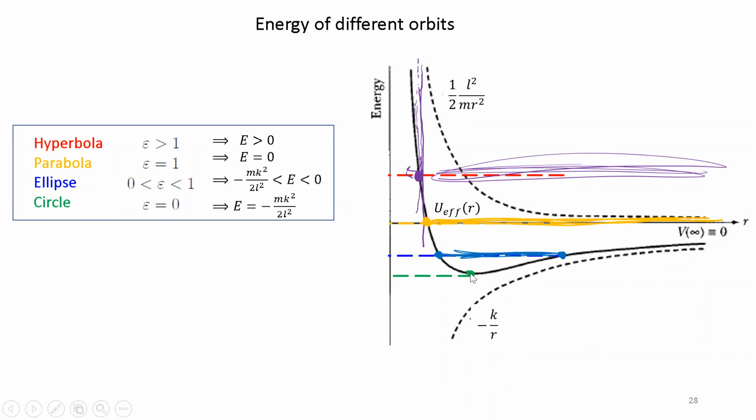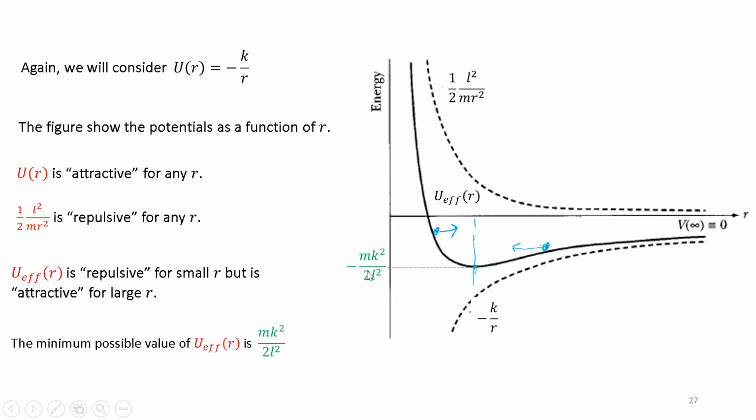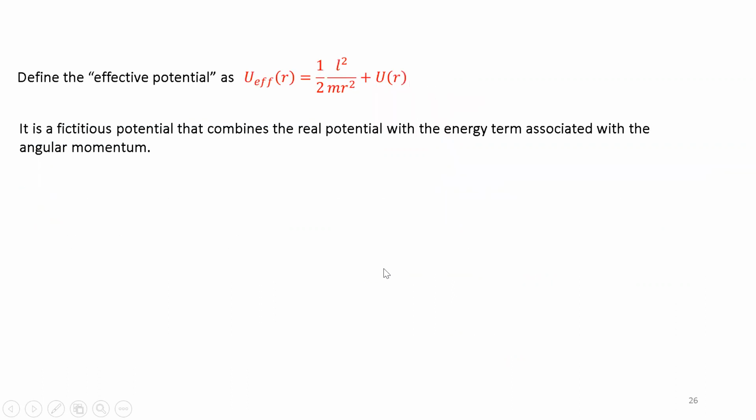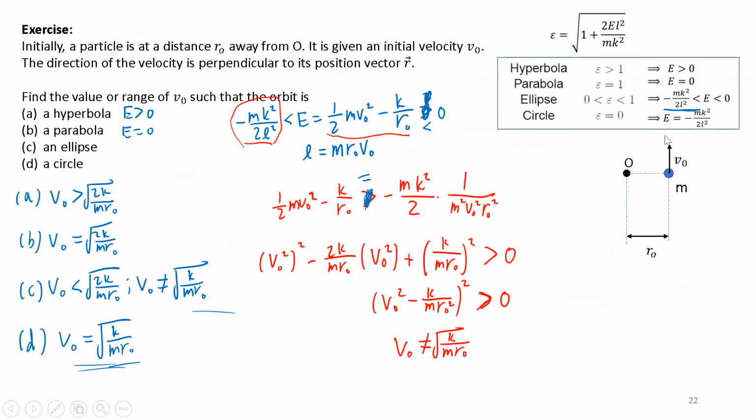But if you translate it back to our real 2D problem, you understand that it corresponds to a circular orbit, because for the circular orbit, the R is a constant. And the effective potential, as I found for you, has its minimum point at indeed this one, and we have already shown that this value is the same as this energy requirement.